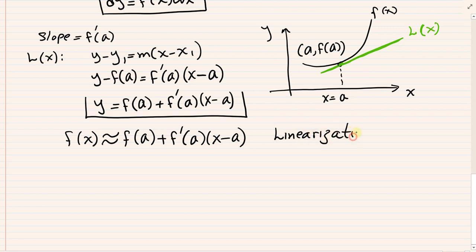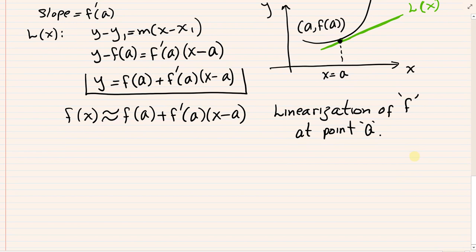It's called linearization of the function f at the point a. Again, the idea is to approximate the function not using the actual change in y, delta y, but we can do this without going to too much trouble.